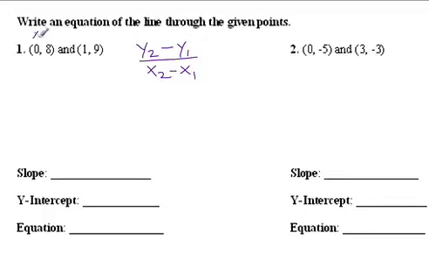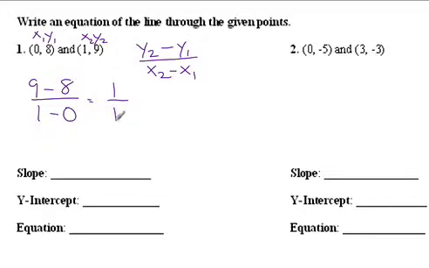I know this is an x and a y. I label my points, the 1s and the 2s. Now you simply fill in. My y2 is 9, minus y1 is 8, x2 is 1, x1 is 0. So my slope is 1 over 1.